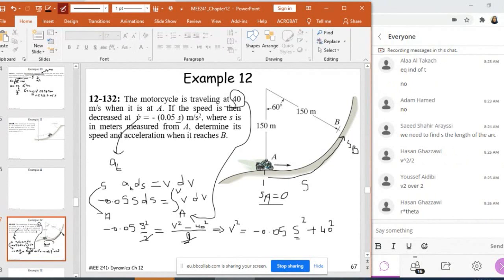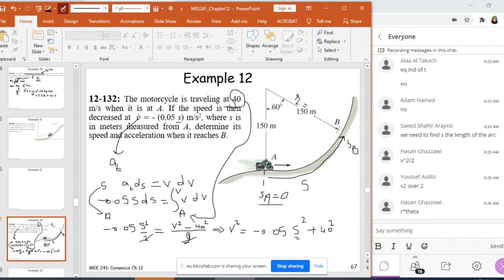Yes. Guys, if you take a look at this figure here, this is rho and this is rho. Between A and B, rho is constant, which means AB is a part of a circle having a radius that is equal to 150.